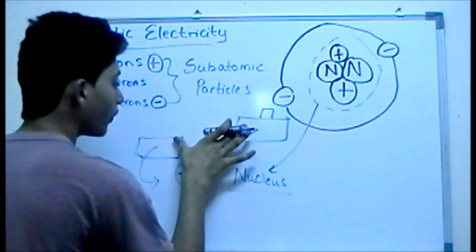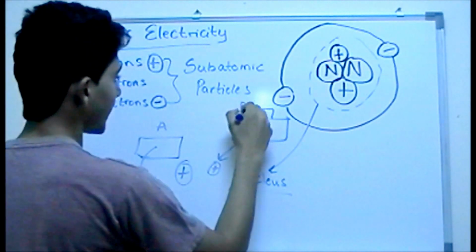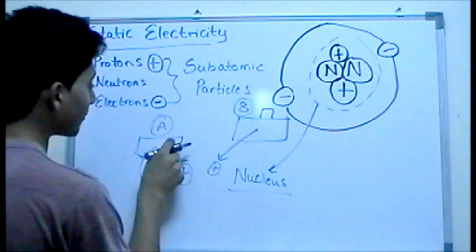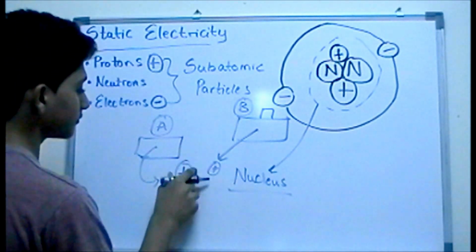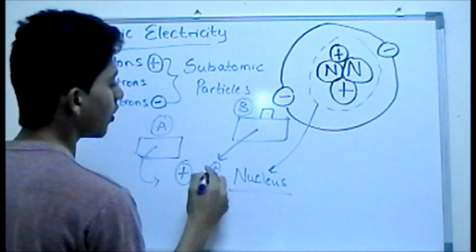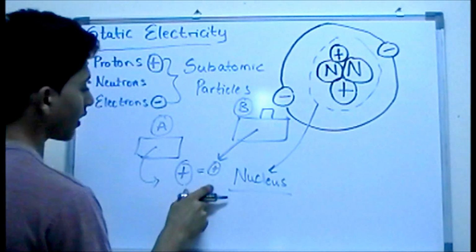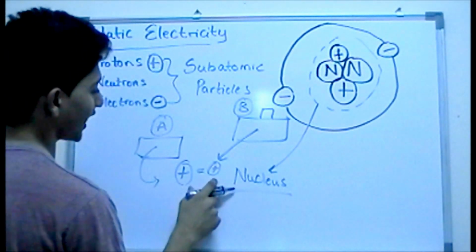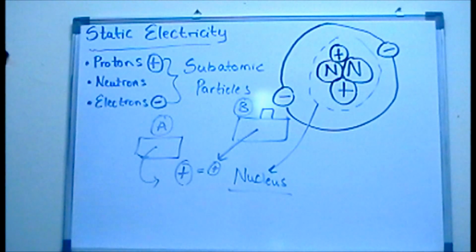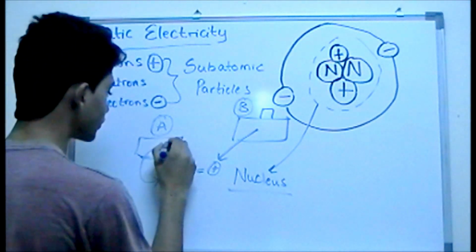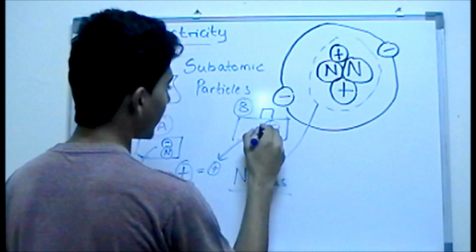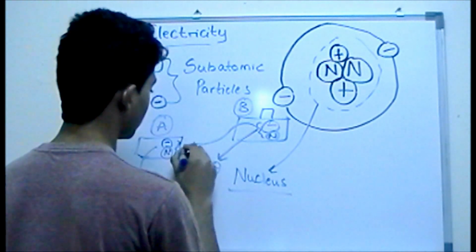This is substance type A and this is substance type B. If you look at the proton in the type A atom and compare it with the proton in type B's atom, you will find that they are congruent to each other. They are identical. Likewise, the electrons and the neutrons are identical.